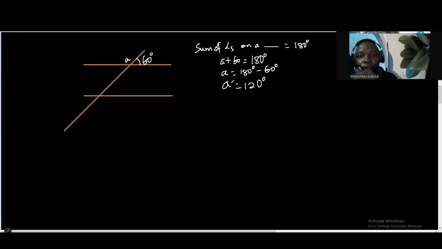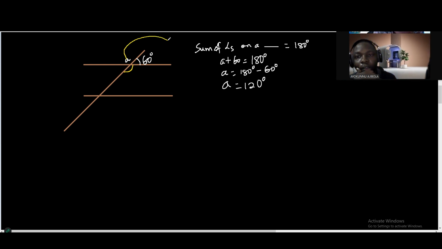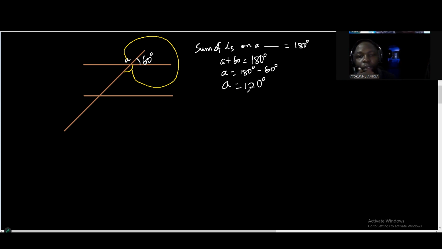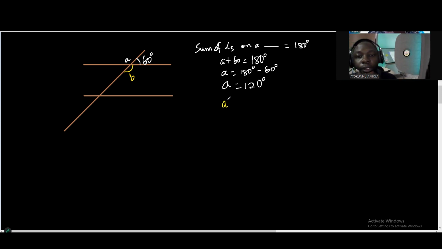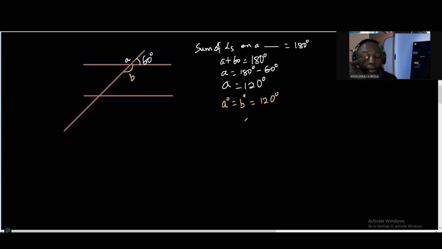Okay. Angle A is 120 degrees. Now, if you consider this angle opposite to A, based on what we said, they are vertically opposite angles and it's supposed to be 120. If the angle is B, we could just say angle A equal to angle B. And since A is 120, B must also be 120.